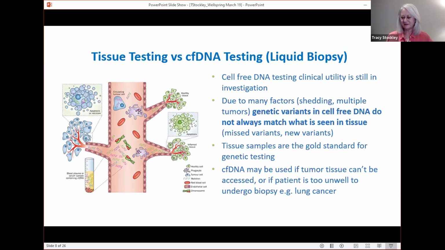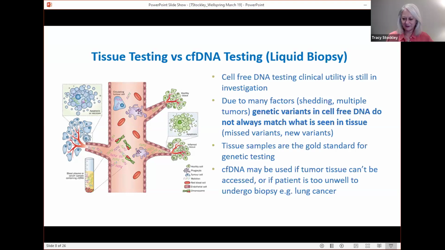It's well known that the genetic variants you see in cell-free DNA don't always match what we see in tissue. Sometimes there are different variants, either ones in tissue but not in cell-free DNA, or the opposite. So at this point, tissue samples really are the gold standard for genetic testing, especially at the time of diagnosis, when they're trying to establish what type of cancer it is and what treatments will be needed.